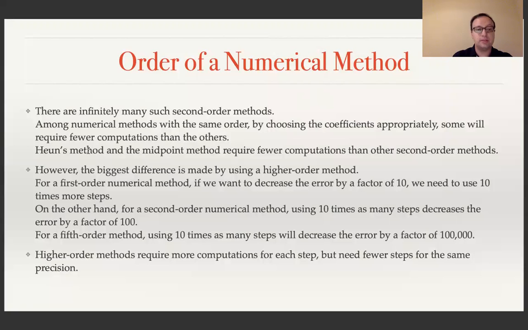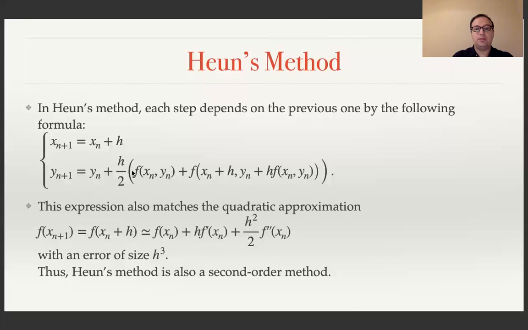So in some sense, Heun's method and the midpoint method are the best two second order methods because among these infinitely many second order methods, some will require fewer computations than the others. So notice that in Heun's method, we actually only have to compute the value of f twice. There is f of xn and yn, which we compute, and we use here and here.